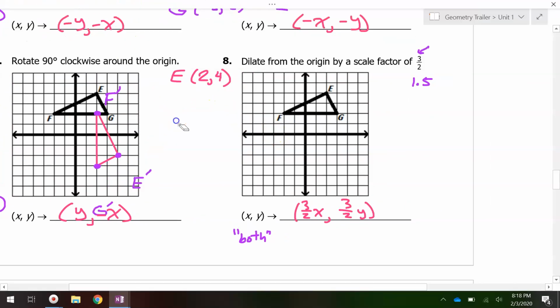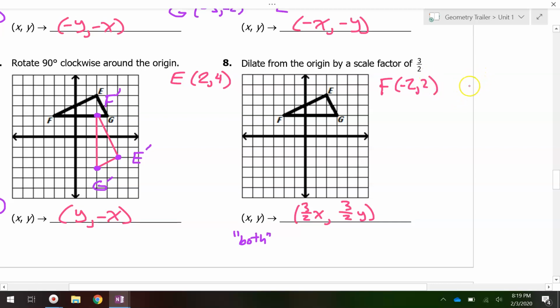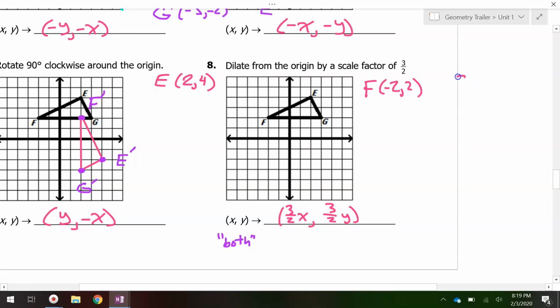So point E, and I'm going to put point F over here, which is -2, 2, and then point G I'm going to have to go off the page a little bit, which I don't like to do, but I'm going to do it anyway. It's 3 comma 2.